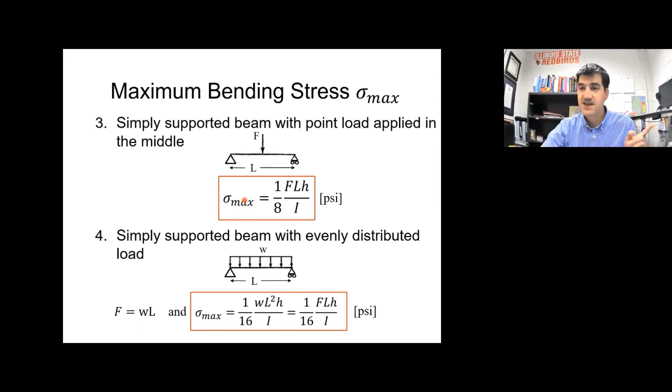So you can set that value equal to this value, and then you'll already know the value of the span. It's 18 inches. I'm telling you that right now. The length of the span is 18 inches for lab 8. The height of the beam is whatever you choose for the beam that you design. And the moment of inertia, again, depends on the design of your beam.